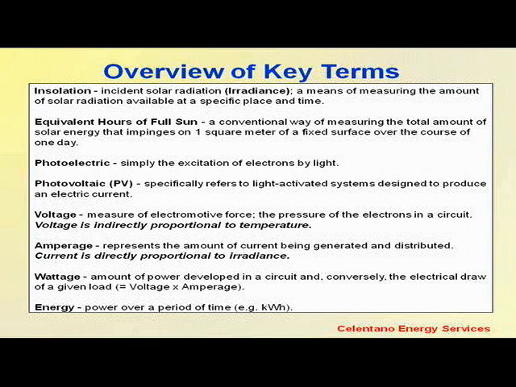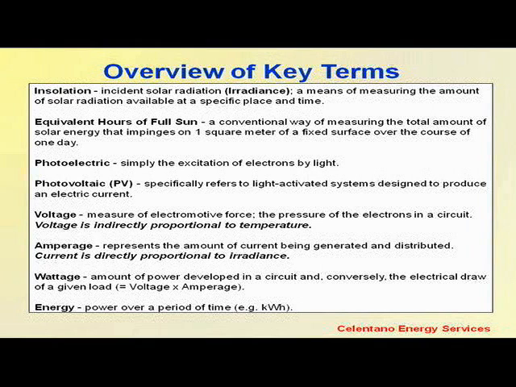Amperage, this represents the amount of current being generated and distributed. It's the electric flow, if you were to use the water equivalent. How wide is the river, as opposed to how fast is it flowing. Wattage, this is the total amount of power developed in a circuit, and it is equal to the voltage times the amperage.